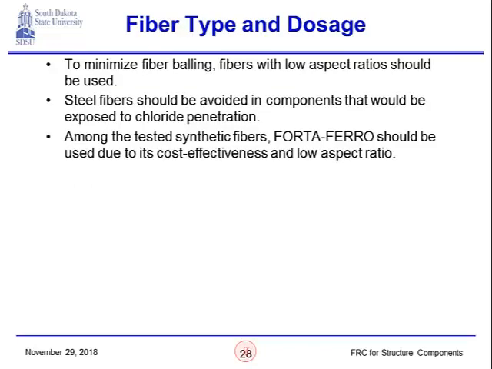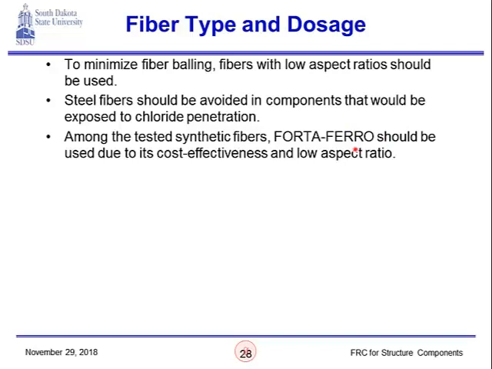Now, some recommendations for fiber type and dosage. To minimize fiber balling, fibers with low aspect ratios should be used. So we should always try to make use of fibers that have low aspect ratio, and in our case the Fortaferro is the one that had the lowest aspect ratio, and it was also the most cost effective.